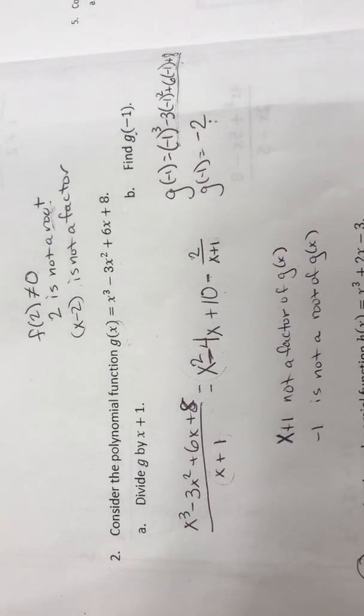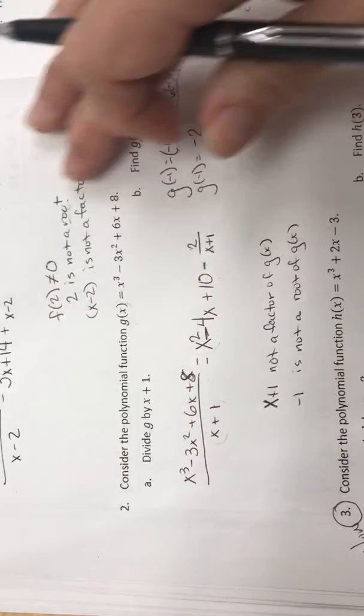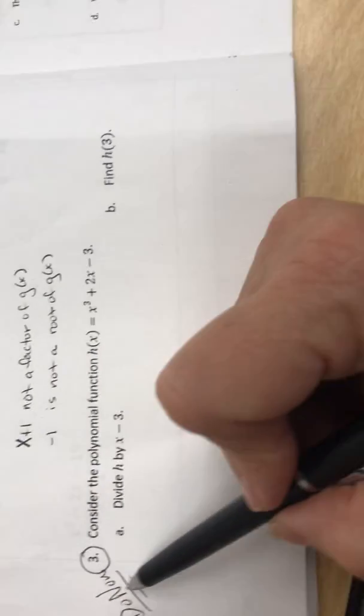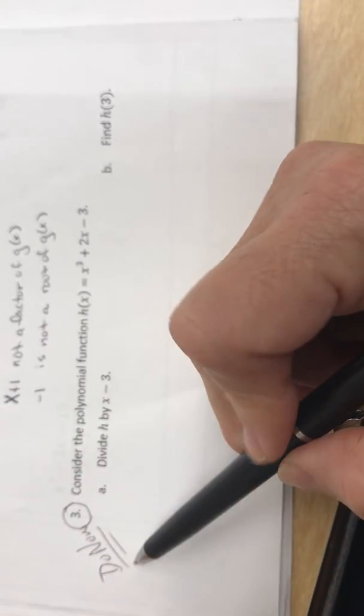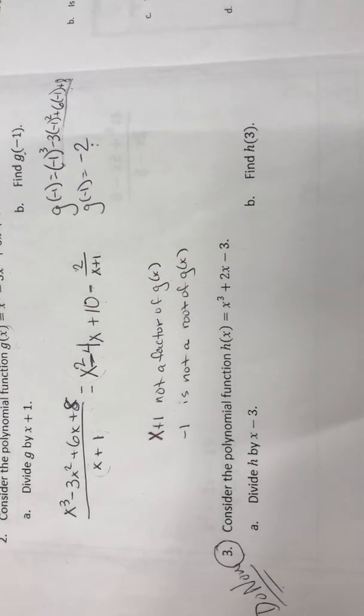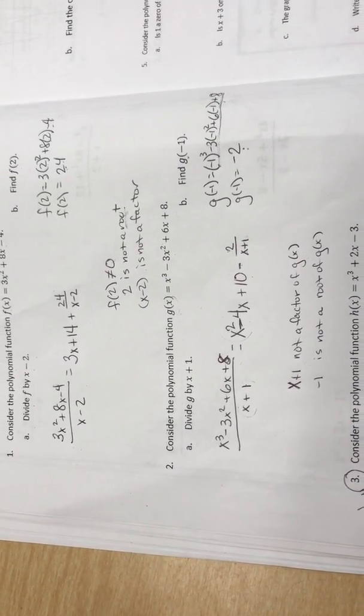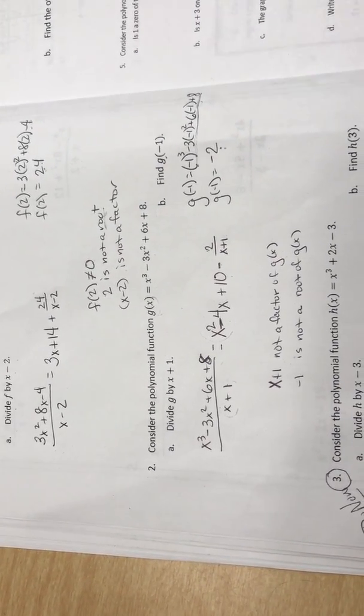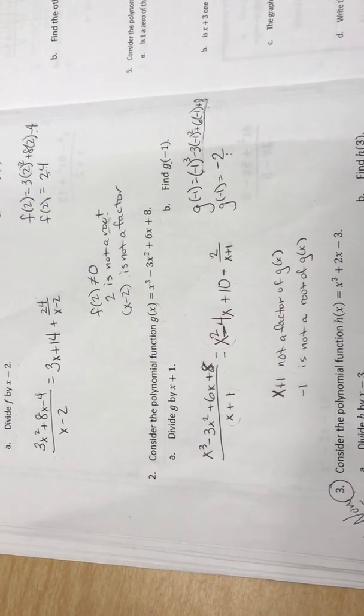Okay? So again, this is everything we did yesterday. So you can just circle number 3, and we will do that tomorrow as a do now to make sure that you guys definitely understand it. Okay? So make sure that those are copied down into your notes. And if you have any questions, of course, we'll go over it tomorrow.